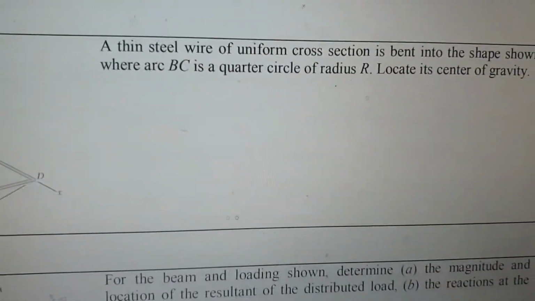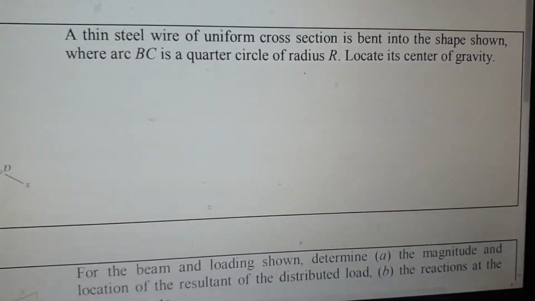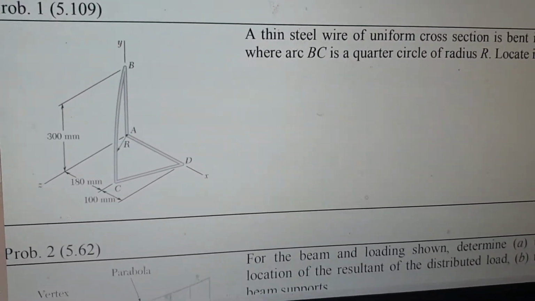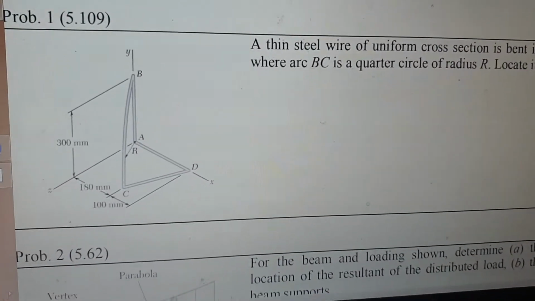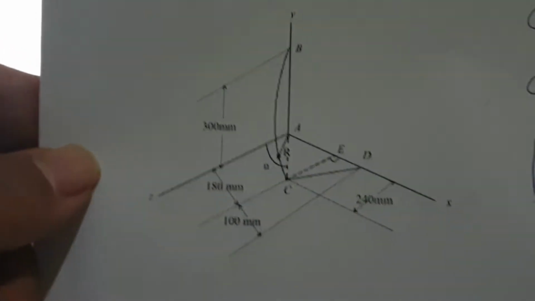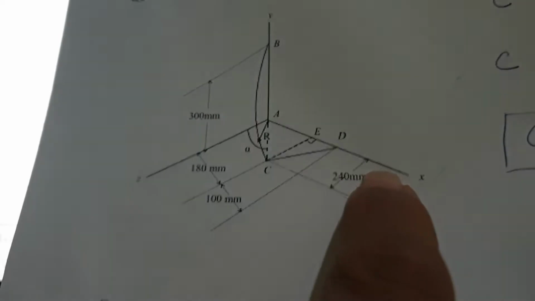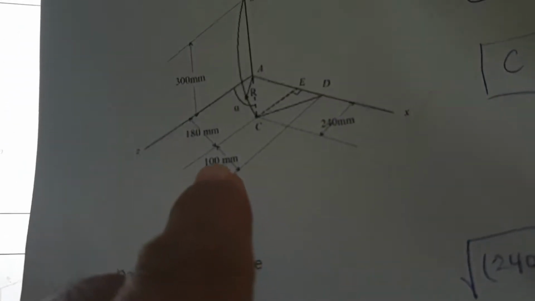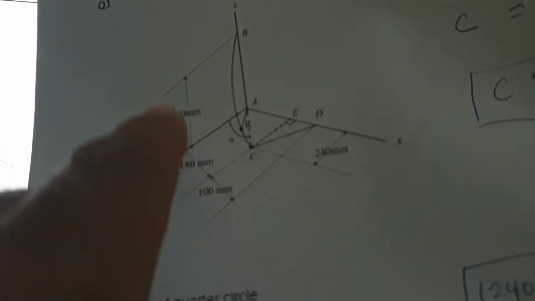We need to find the center of gravity. Center of gravity, centroid, they all mean the same thing. So we could put the dimensions here: 240 that way, this is the radius, and this is 100 millimeter, 180 millimeter, and 300 millimeter.